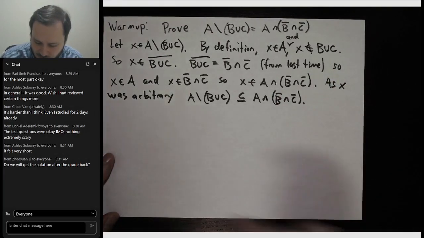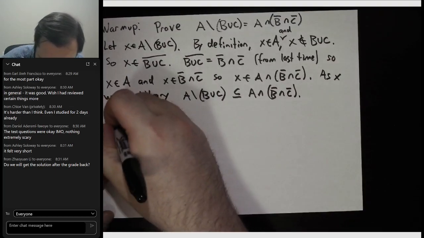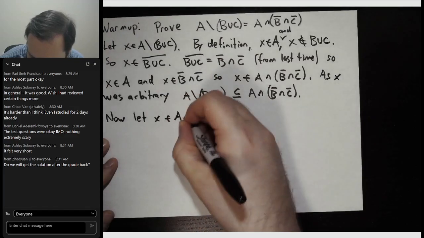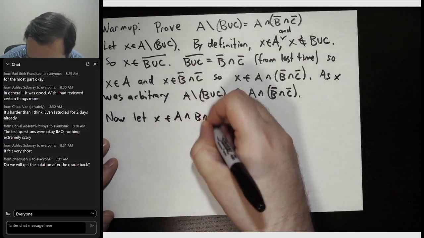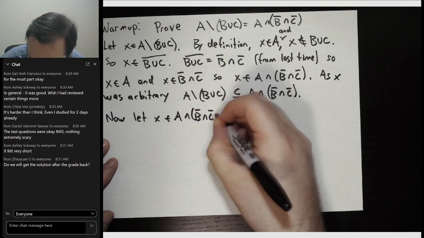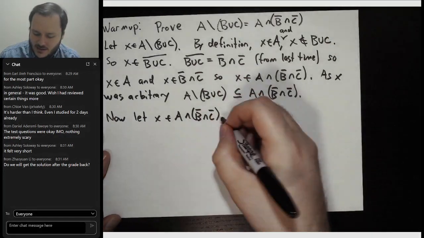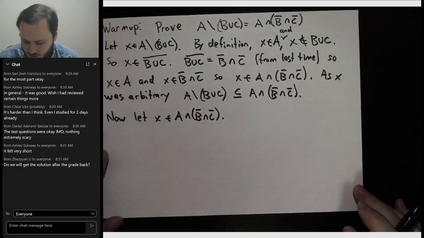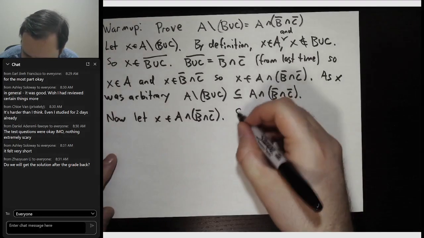And now we got to do the other inclusion. Let x be an element of A intersect B complement intersect C complement. Unfortunately, these steps are pretty reversible.